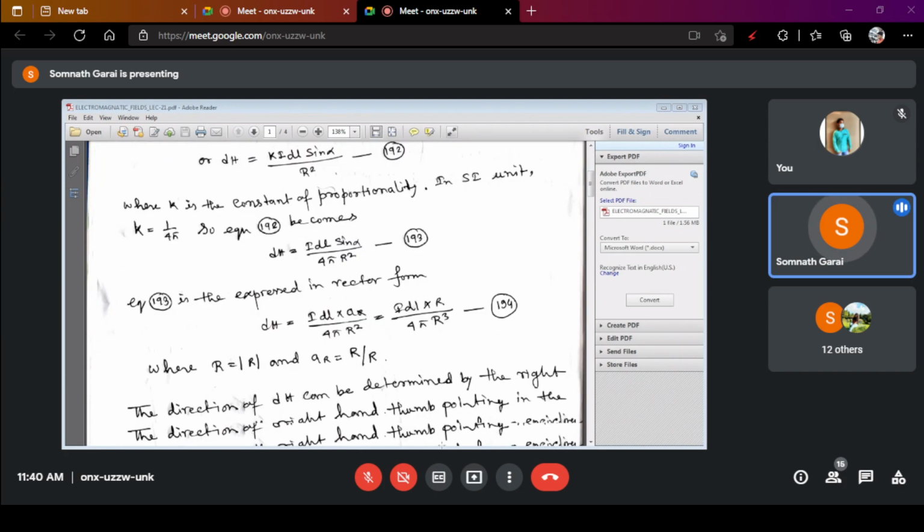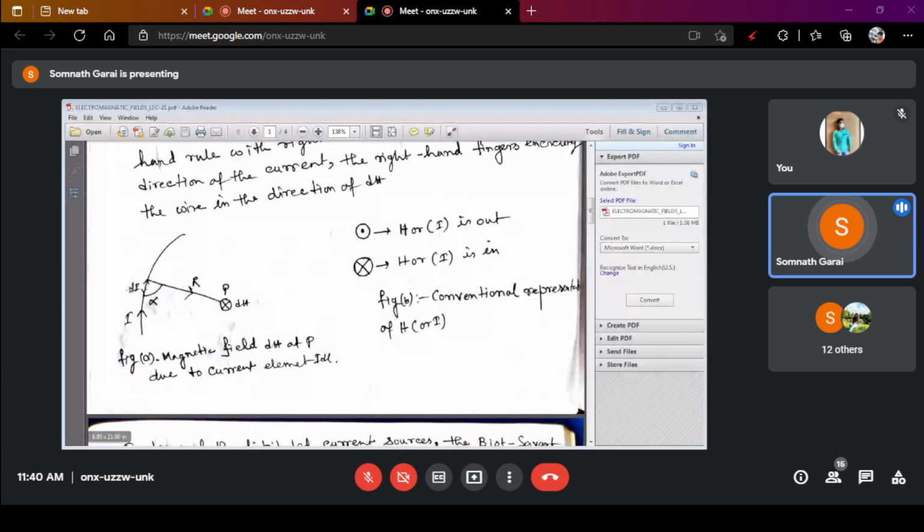Now, if we look closely at this figure, this is the differential length and this is the path of the current, and dL represents the differential length. At a distance r from this differential length, there is a magnetic pole.